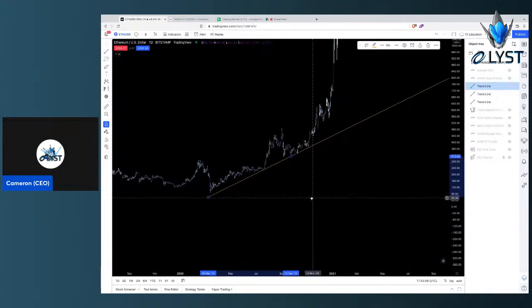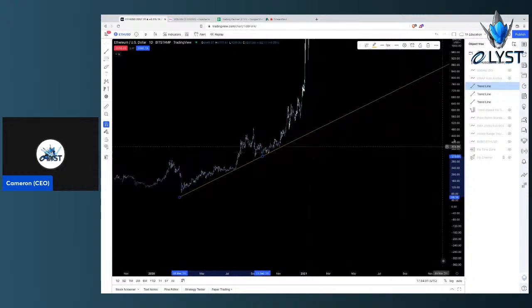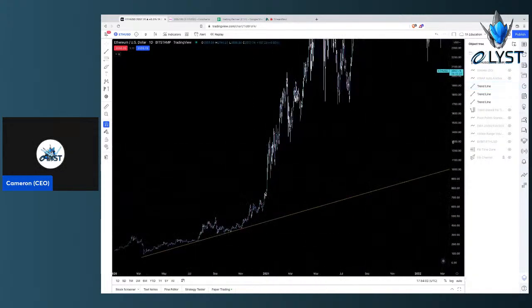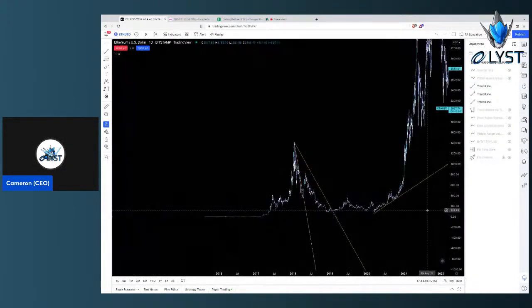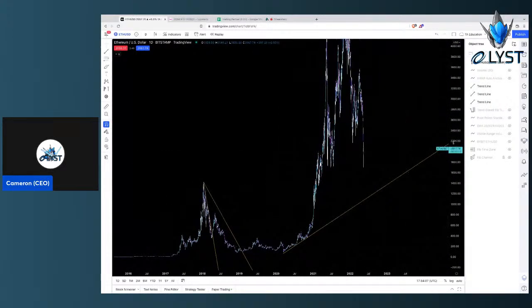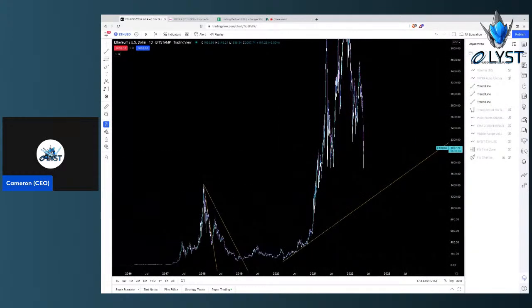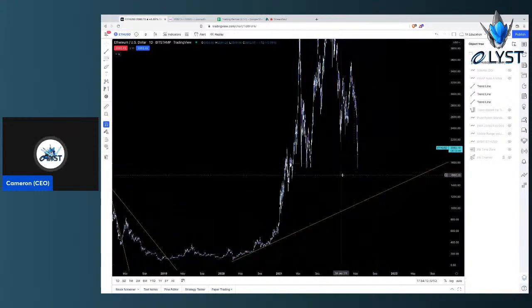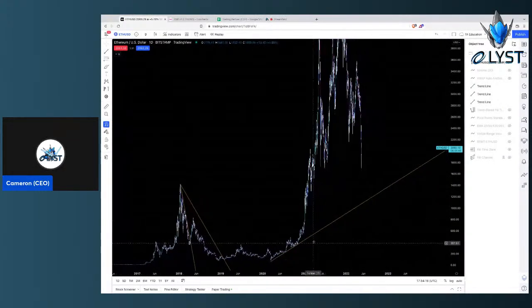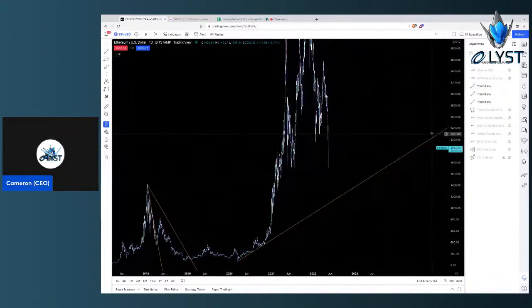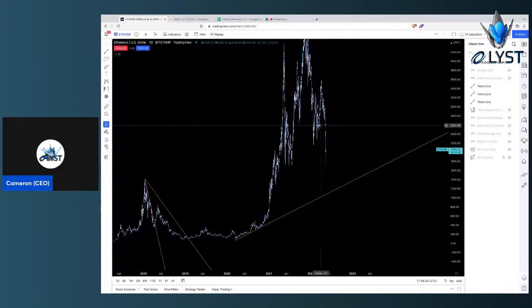And you can see that we were able to maintain that uptrend, and obviously we just went absolutely parabolic and bonkers and did some very, very cool things, right? So yeah, anyway, very interesting. And this line, I wouldn't be surprised if this line plays into the bump and run.